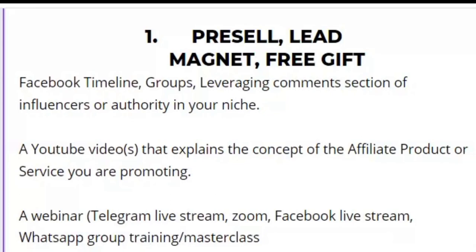This content can be on your Facebook timeline, on your Twitter timeline, a video on Instagram, a graphic or an image on Instagram, or a video on TikTok. Whatever it is that you're doing, it should be something that conveys a valuable message. That is a pre-sale without the intention of selling.